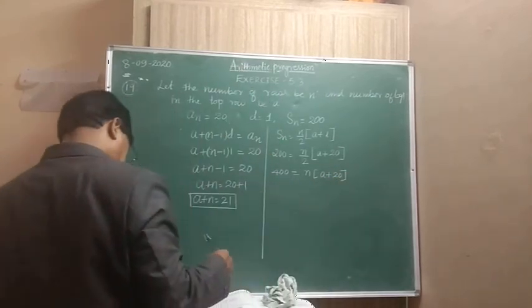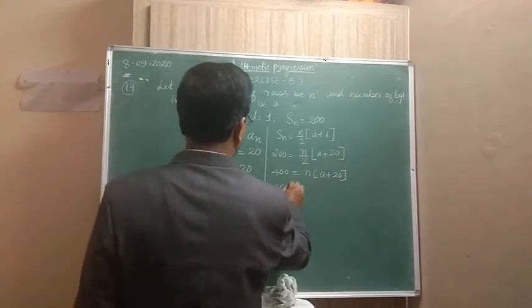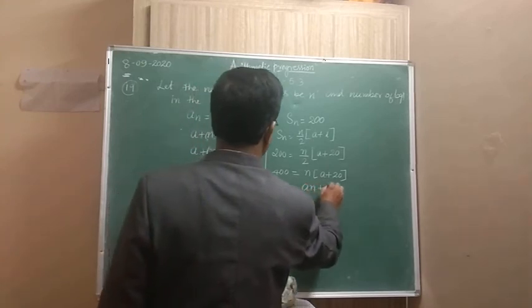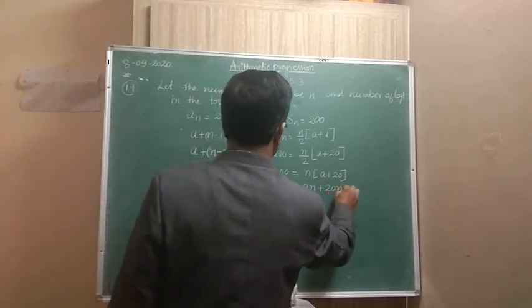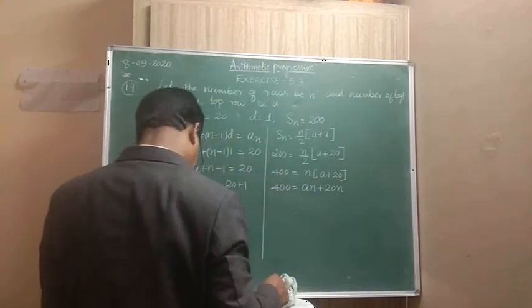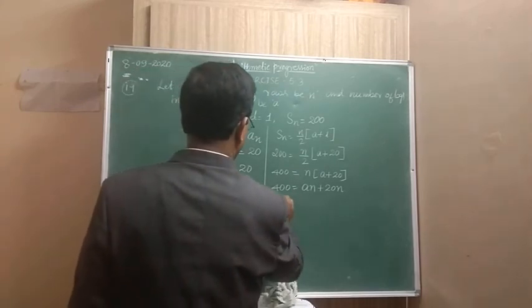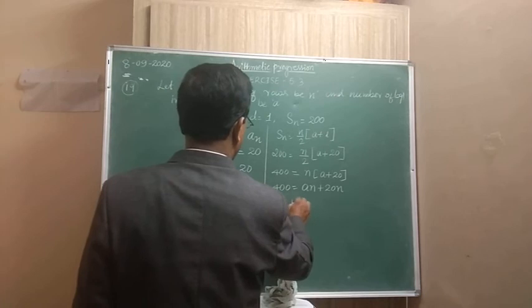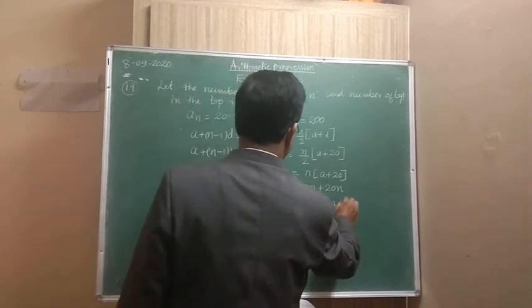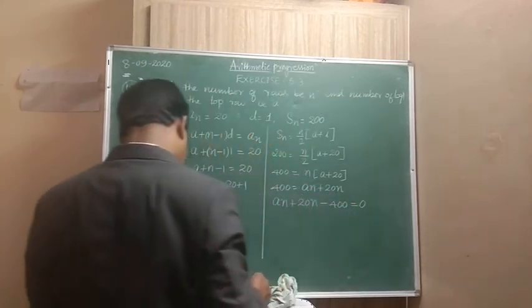Then 400 is equal to an plus 20n. Then an plus 20n minus 400 is equal to 0.